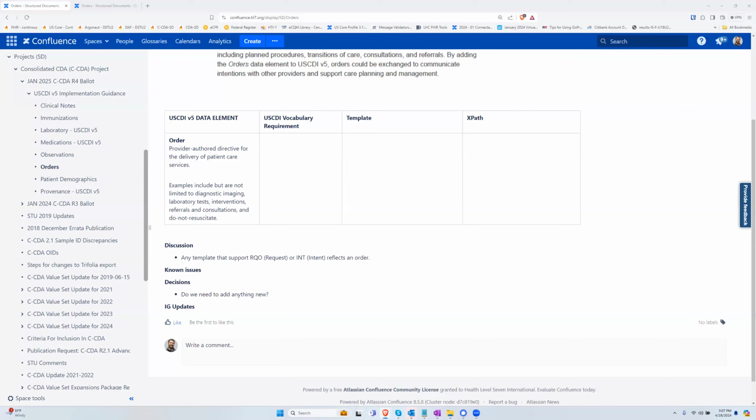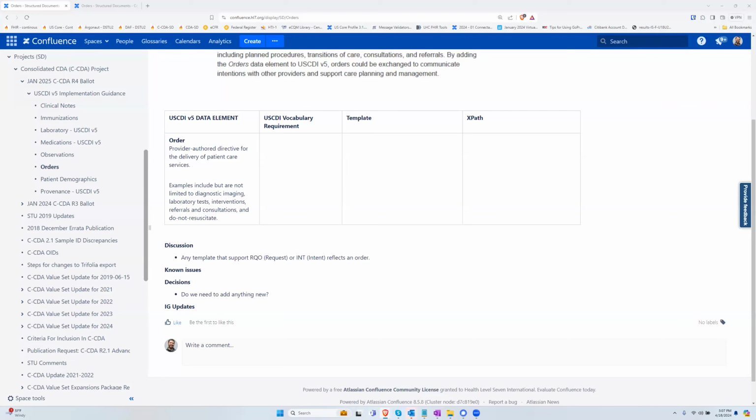So it's used not just to measure providers' intent for quality measurement, but it's a concept that can be used for care down the road, like after a referral. I ordered something, it just hasn't been completed yet.